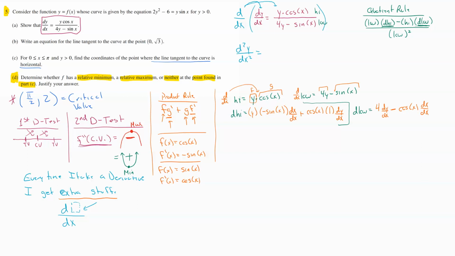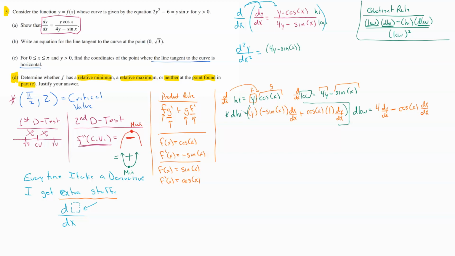So now, after all of that huge mess, we have to put it all back together, following our quotient rule. So we follow this rule. The quotient rule says first go grab the low piece. So I go grab the low piece, 4y minus the sine of x. Multiply that by the d high, which was this huge thing here.